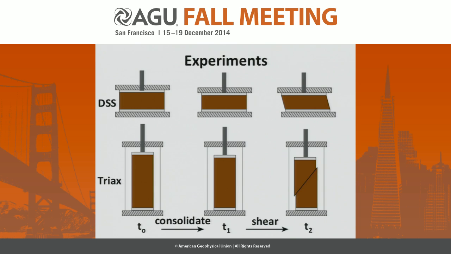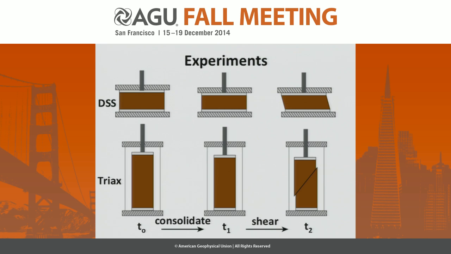So we ran two types of experiments, direct simple shear experiments and triaxial experiments, to understand the strength and pore pressure evolution at the onset of failure at different stress levels in these clay-rich sediments from the Ursa Basin. In the direct simple shear experiments, we uniaxially jacket a sample, so we'd allow no lateral deformation, and we put it in the load frame.